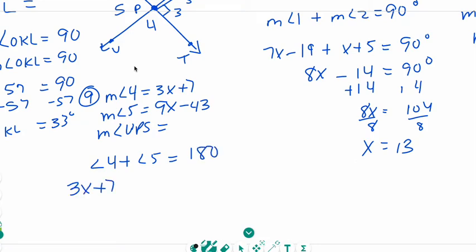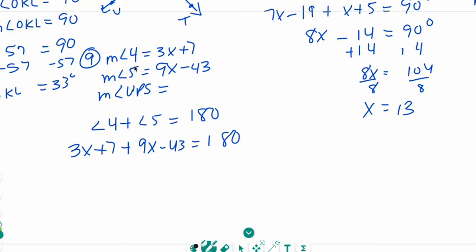3x plus 7 plus 9x minus 43 is equal to 180. Combine like terms. We have 12x minus 36 is equal to 180. Let me line up my equal signs.